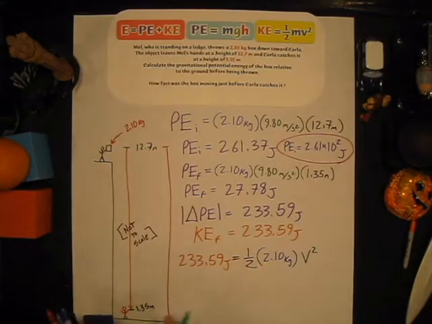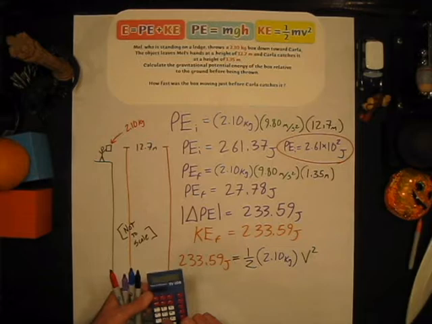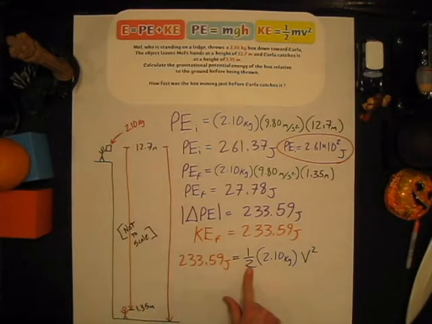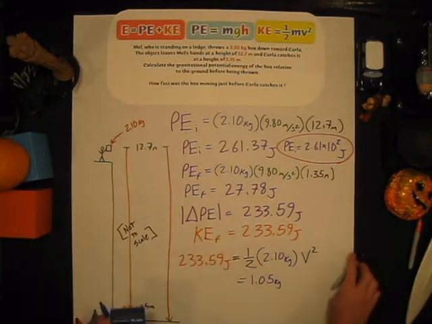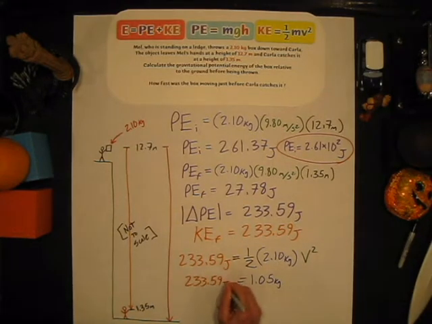So then let's see, what's 1/2 of 2.1? Let's take 1/2 of that, so it's 2.1 times 0.5. I get 1.05, of course. And it's 1.05 kilograms on this side. And on the other side, I got the same exact thing, 233.59 joules.